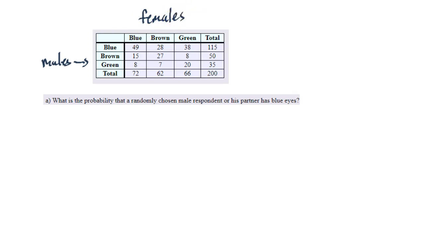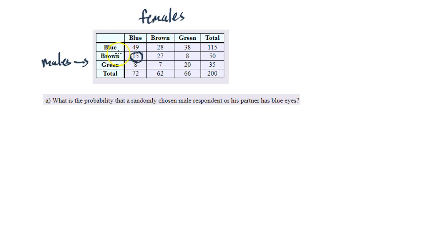Okay, so if we look at part A, to read this table, for example, what does this 15 represent? Well, there's 15 brown-eyed, we're talking about eye colors, right?